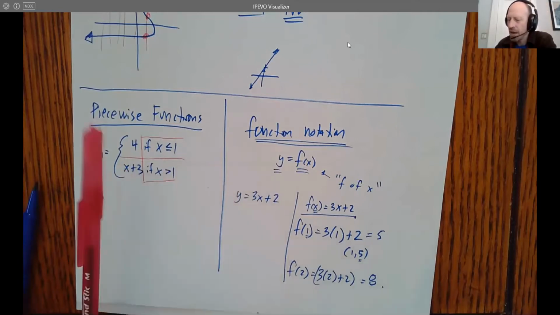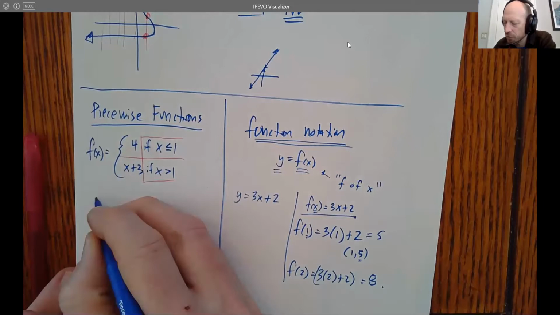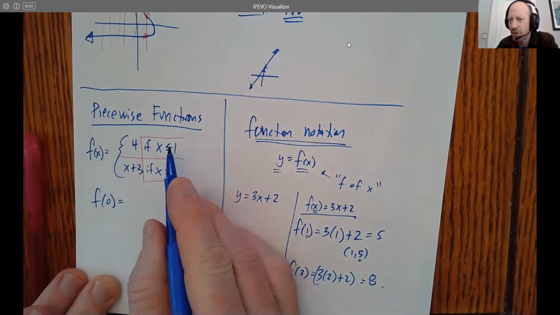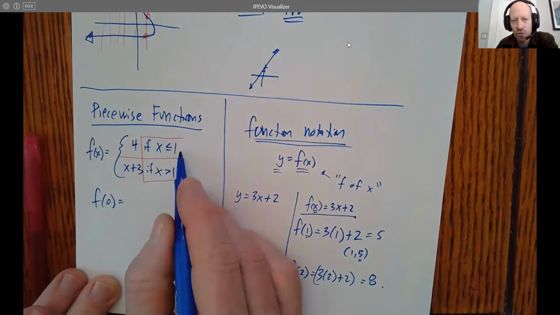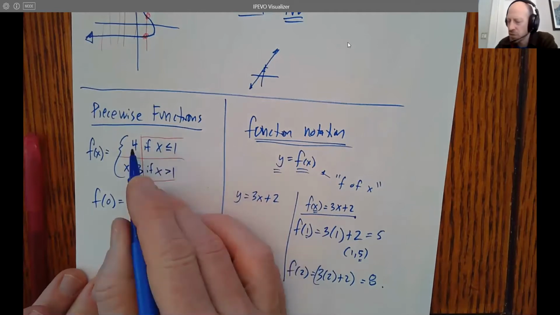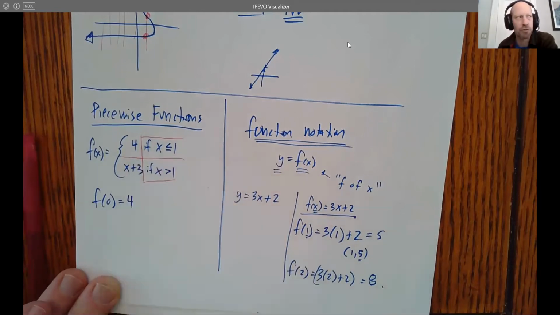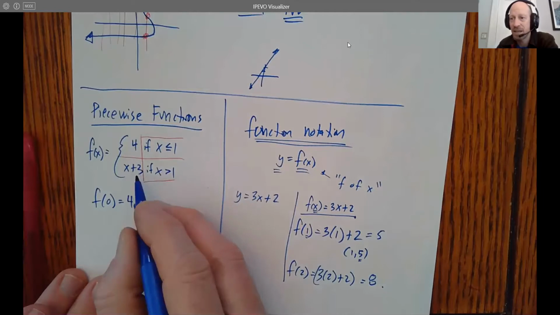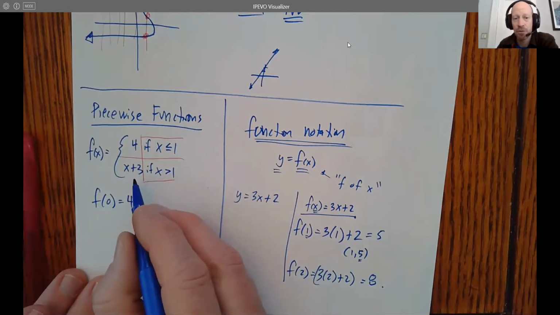So if I try f of 0, my x value there is 0, and 0 is certainly less than or equal to 1. Since that is true, that tells me f of 0 is 4. It cannot also be 3. That's definitely not possible, because they can't be both things.